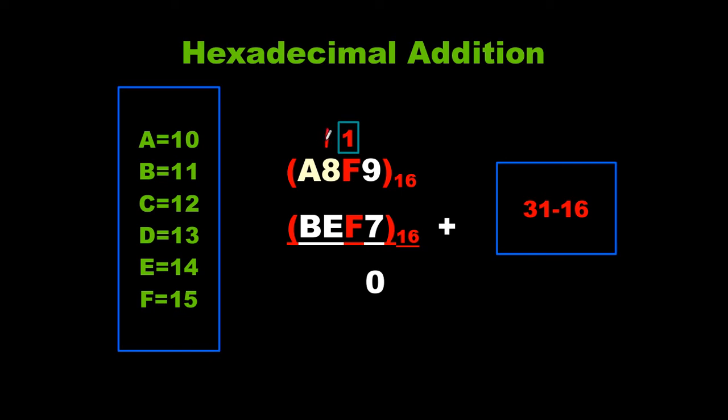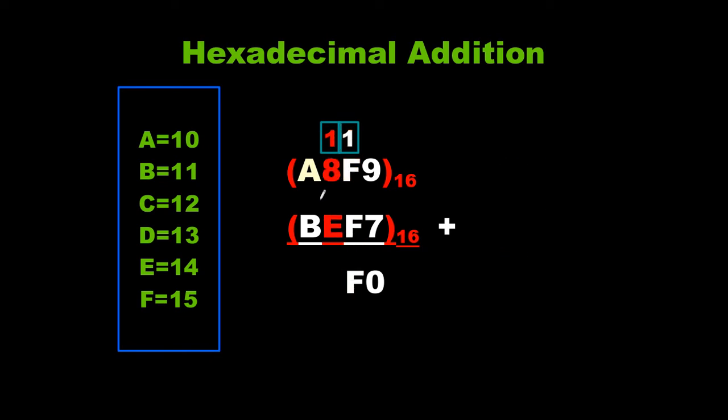Now here, what do I have? 1, 8, it's going to be 9, and E is 14, it's going to be 23. Remember, 23 minus 16, it's going to be 7 and 1 carry, and this is 22. Don't write 22, careful.